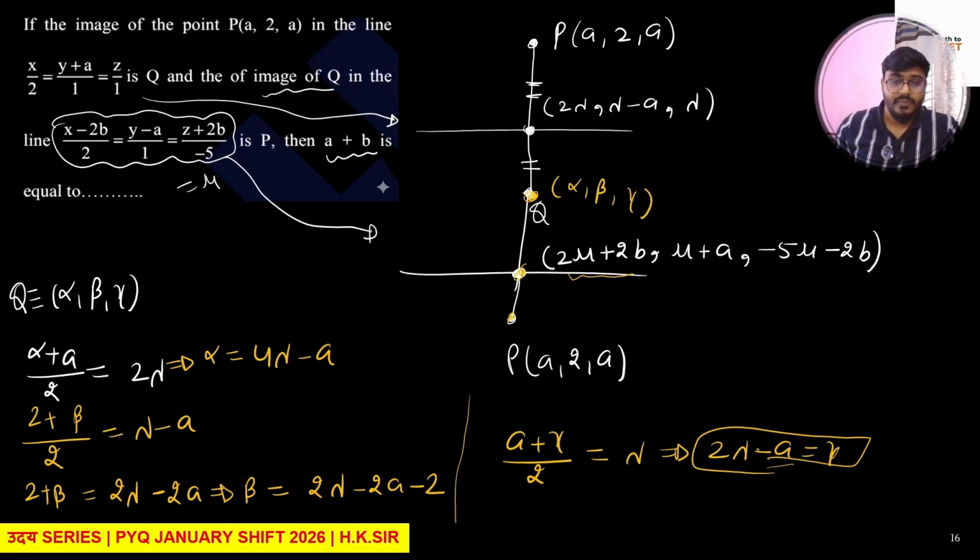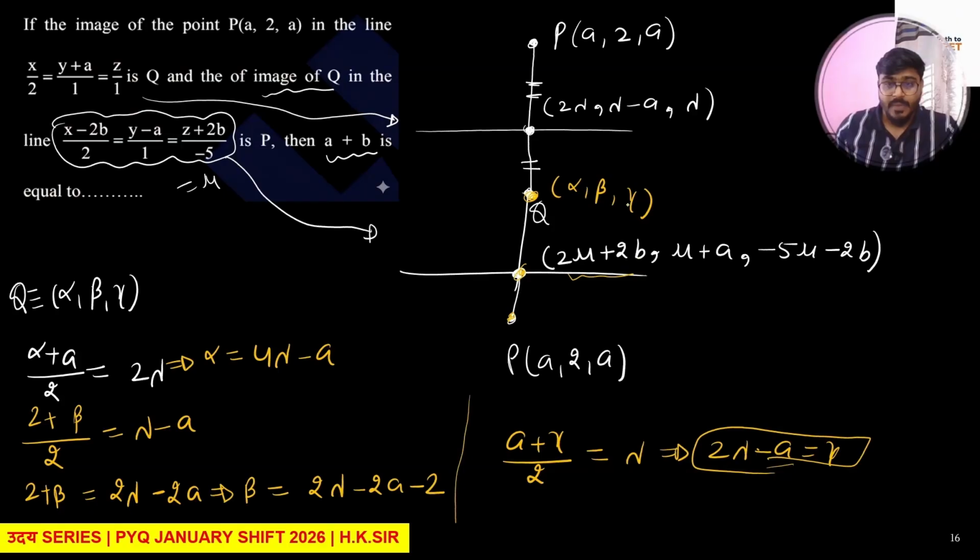So 4 lambda minus a plus a divided by 2 equal to 2 mu plus 2b. A cancels. So from here 2 lambda equal to 2 mu plus 2b. 2 cancels. Lambda minus mu equal to b. This is the first equation.